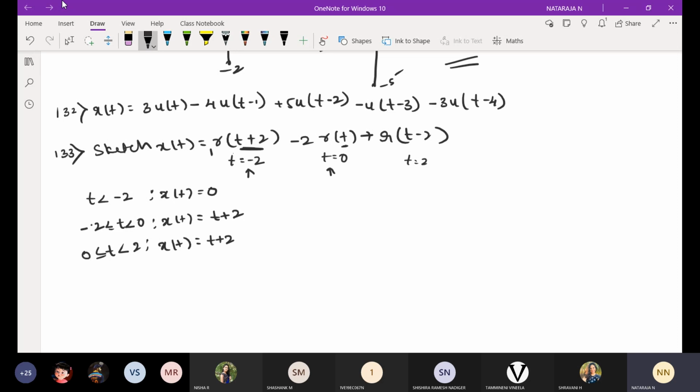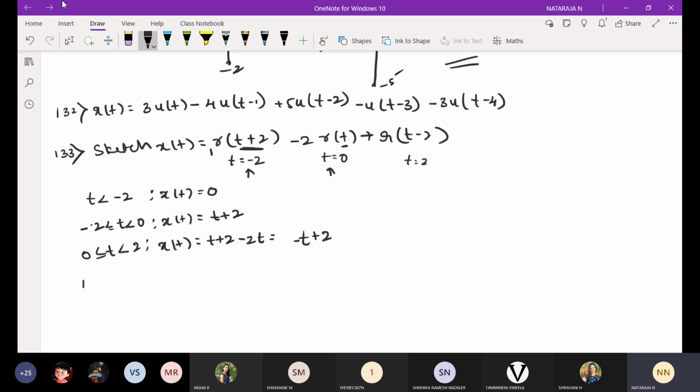In the second signal, this is minus 2 r of t multiplied with this amplitude minus 2, that is why I will take minus 2 times t. What value will you get? t plus 2 minus 2t, t minus 2t, you will get minus t plus 2 as the answer. Always you have to write in terms of t plus 2, t plus 3, that is why t minus 2t you will get minus t plus 2 as usual.